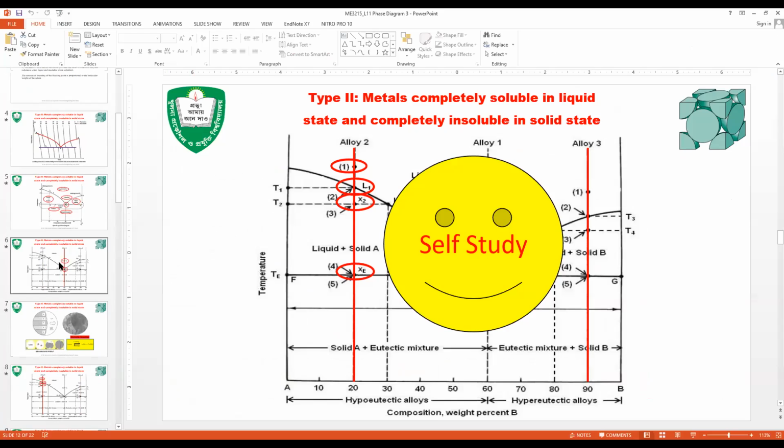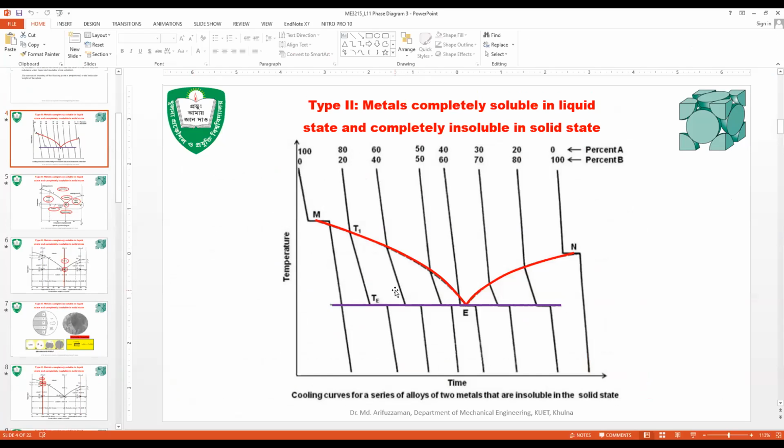If we move to the first one, in this one, as you see, the solidification starts at T1 for 80-20, right? And when the solidification starts, the slope of the curve changes. The changed slope will continue up to T2 and TE, and at temperature TE, solidification occurs at constant temperature.